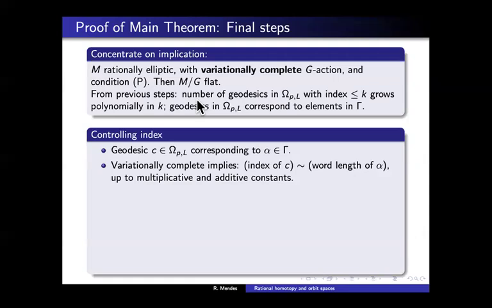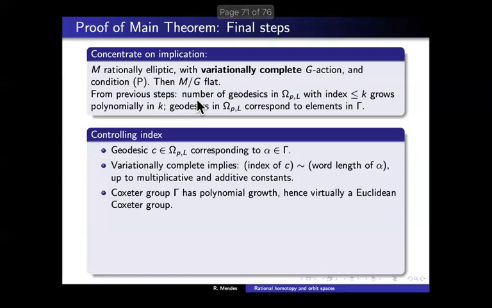So if you choose a set of generators for that reflection group gamma, there's a reflection in the walls of the Weyl chamber, and this will generate the whole group. You write your element alpha in terms of those generators, and you count the number of letters you have used as the word length. And these things control each other up to multiplicative and additive constants. This is what variationally complete gives you.